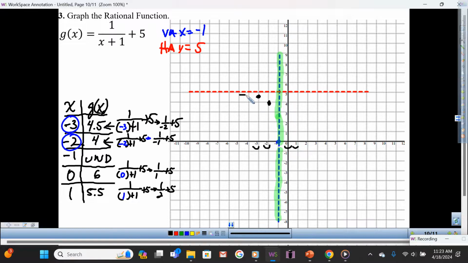So now we have our curve for this side. Then we go to these. 0, 6. 1, 5.5. 1, 5.5 is right here.